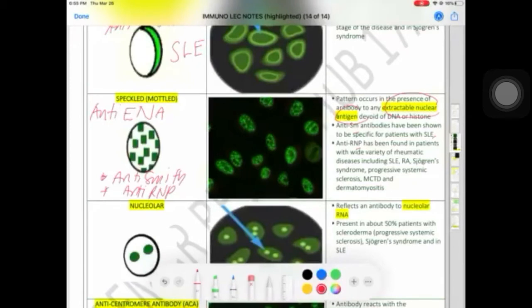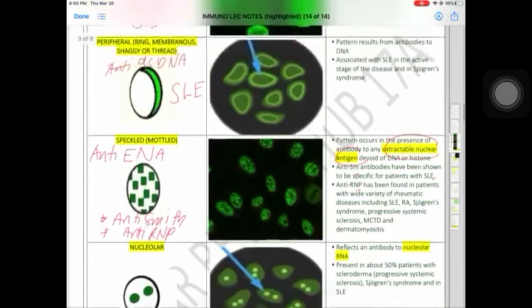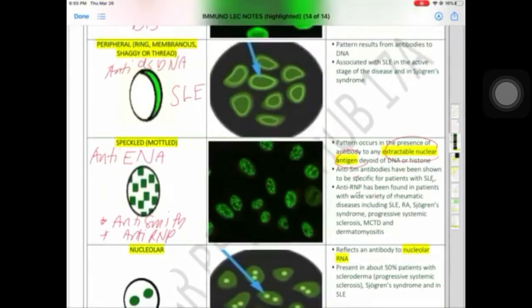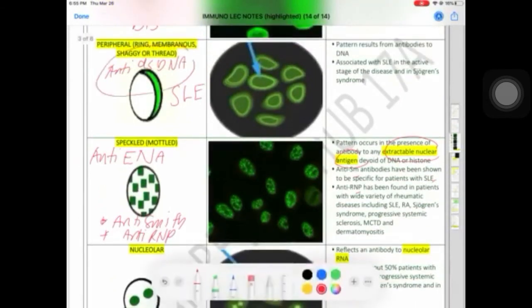Pero, between anti-SMIT and anti-RNP, which one is more specific for SLE? Huwag kakalimutan. Between anti-SMIT, anti-RNP, mas specific si anti-SMIT. Pero, kung i-compare ang anti-SMIT at saka anti-double-stranded DNA, which one is more specific for SLE? Anti-double-stranded DNA.